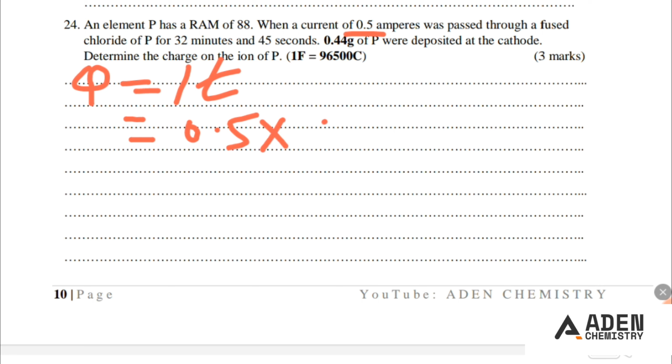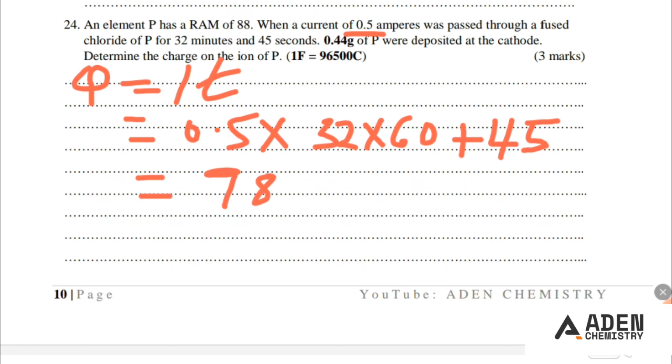The time here is 32 minutes. We have to multiply by 60 to convert it to seconds plus the 45 seconds that we have there. So here what we are going to get is 982.5 coulombs. That will be our quantity of electricity passed.